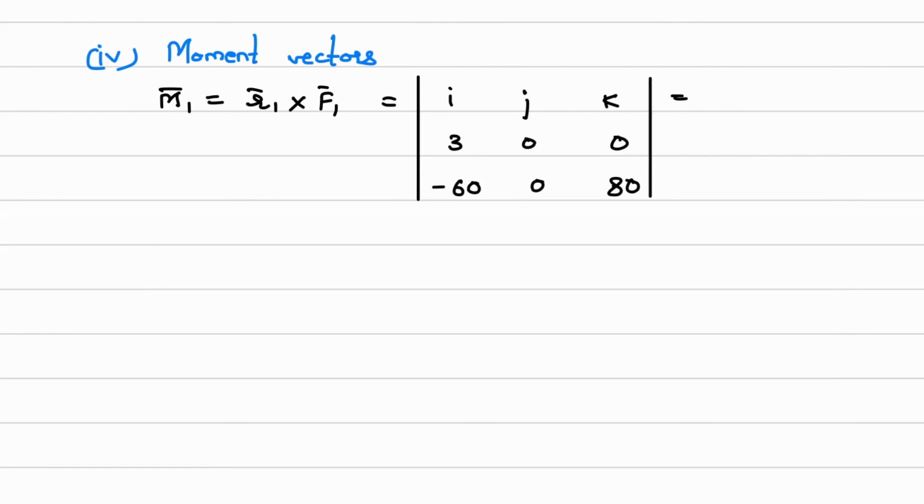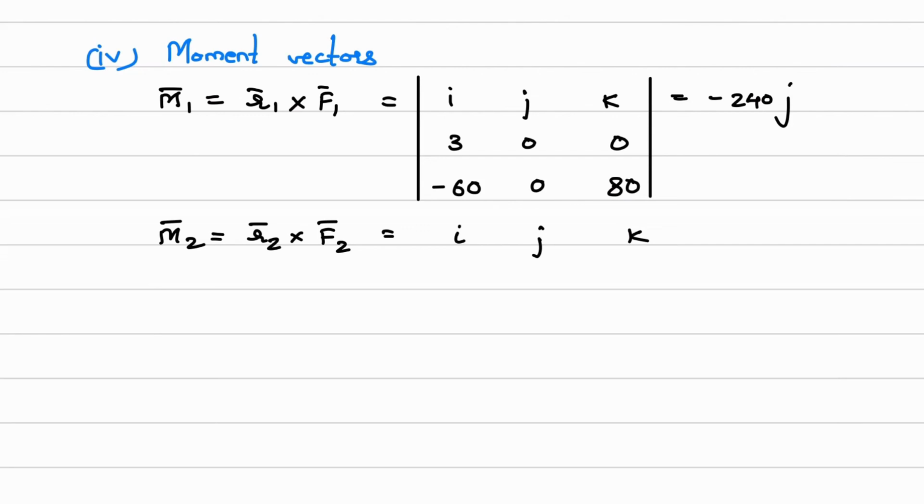You can calculate this, you will get minus 240 J. Next, moment vector. It will be position vector cross force vector. Again i, j, k.